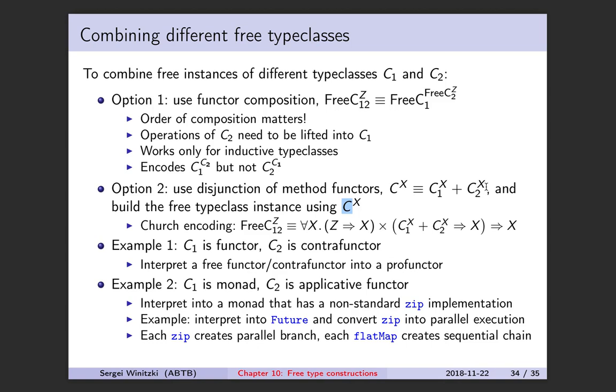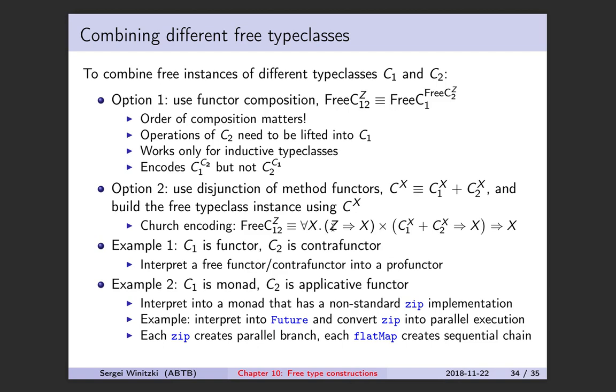Disjunction of method functors is equivalent to conjunction of the type class evidence values, because type class evidence values are of type function CX to X. And so this disjunction is equivalent to taking a conjunction of those functions. So that's the same as building one big type class with all the methods put together.